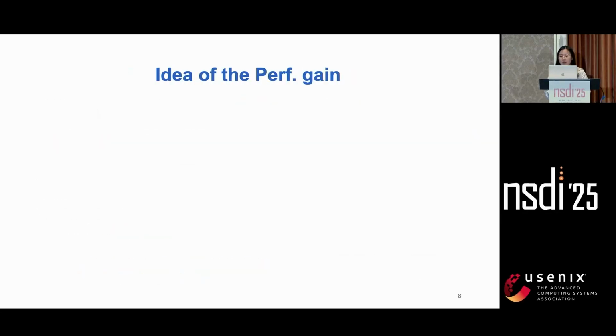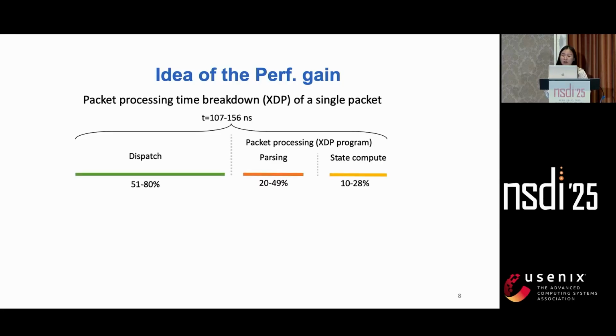To understand the main idea of the performance gain of SCR, let's first take a look at the processing time breakdown of a single packet. This data is from the application implemented in XDP in our paper. The total processing time includes dispatch and running the XDP program. Dispatch involves presenting the packet to the XDP program, extracting the program output, signaling the NIC to transmit the packet, and so on.